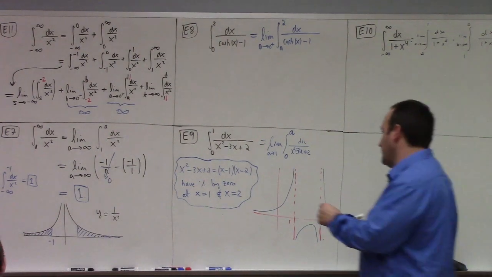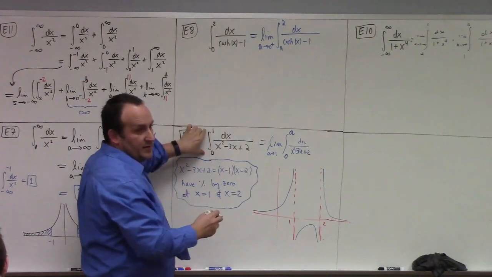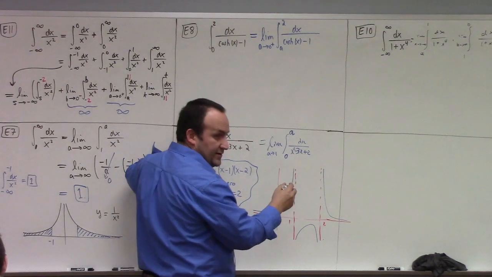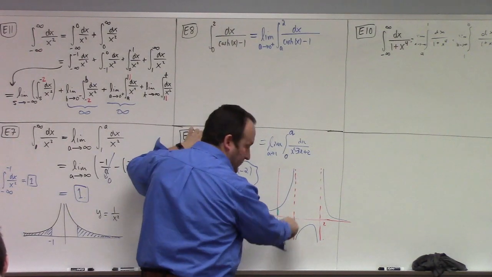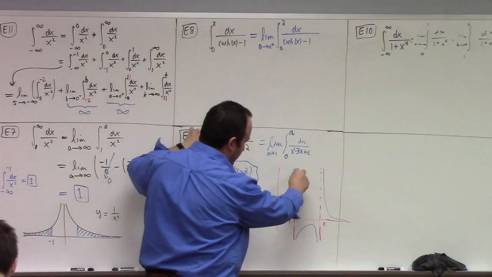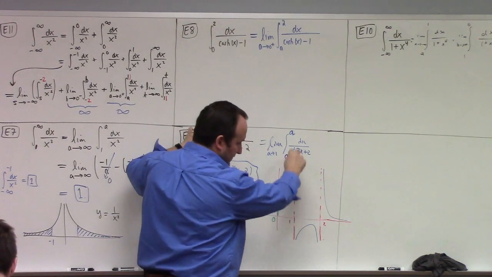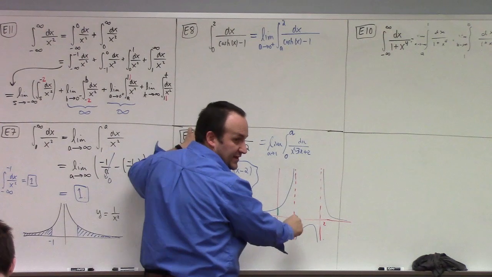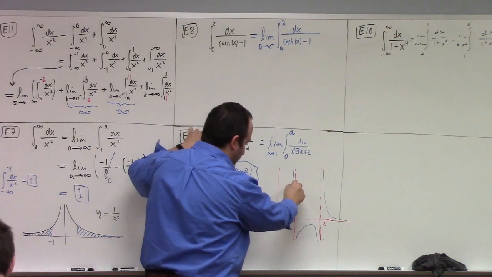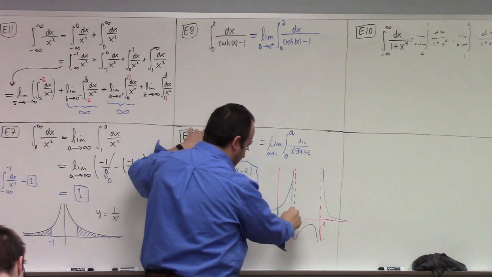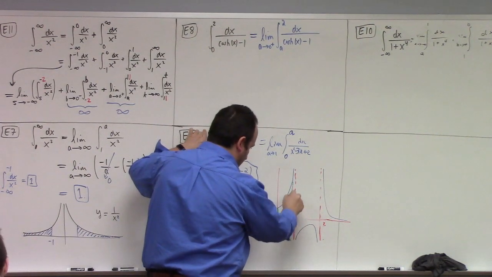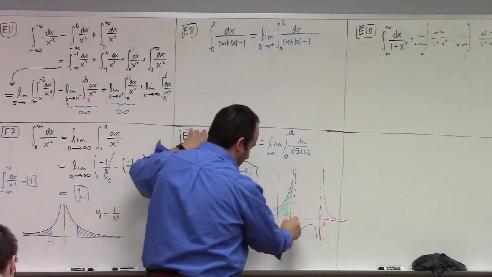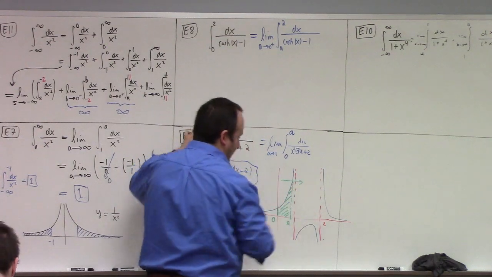So this integral is the signed area from 0 to 1. But of course, we can't do that because 1 is where the function is not defined, right? So the integral is improper. And so what we do is, here's an a, and we're letting this a go that direction.